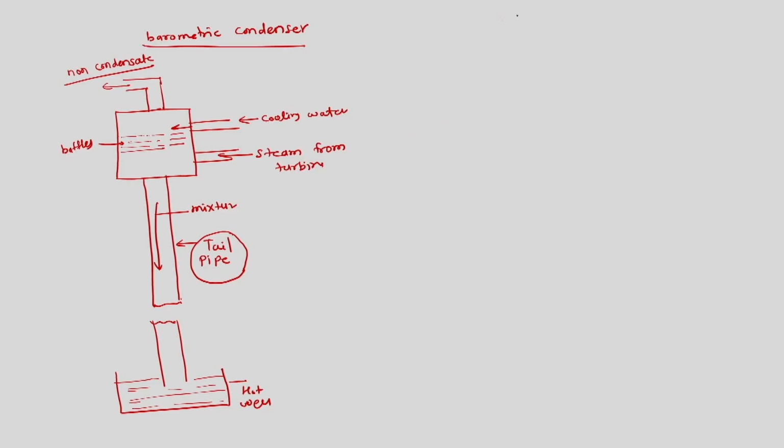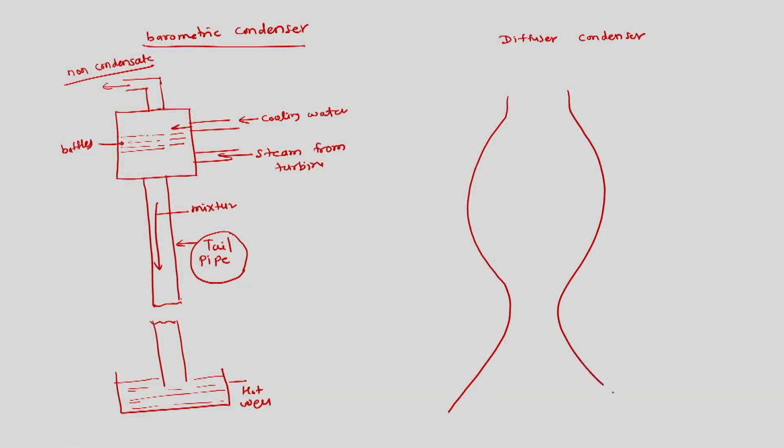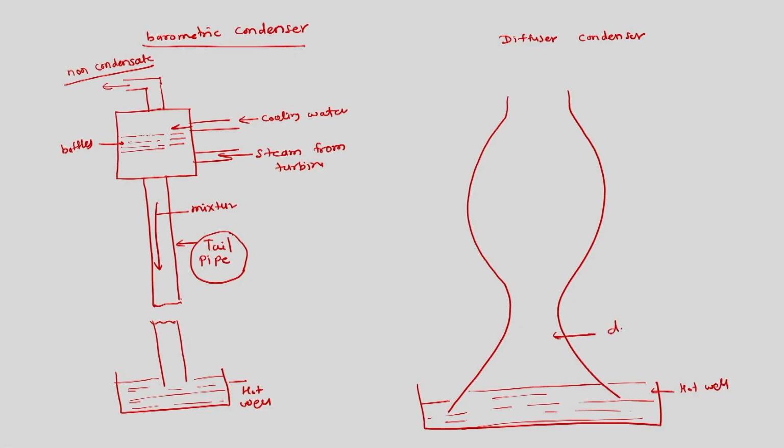Instead of that, sometimes a diffuser kind of condenser is also used, where we will have this as the hot well, and this is the diffuser.